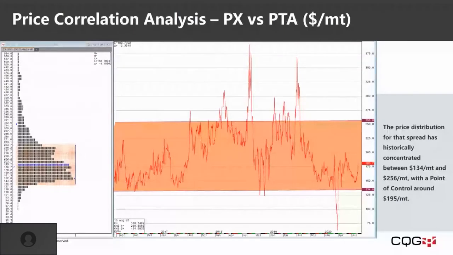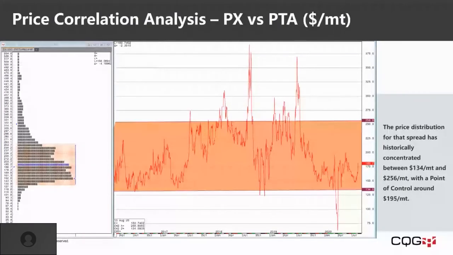Using a distribution chart from Market Profile for that particular spread, looking back to October 2014, which is as much data as we can go back, we can see that the distribution since then has been concentrated between approximately $134 and $256. That's what we call the value area.